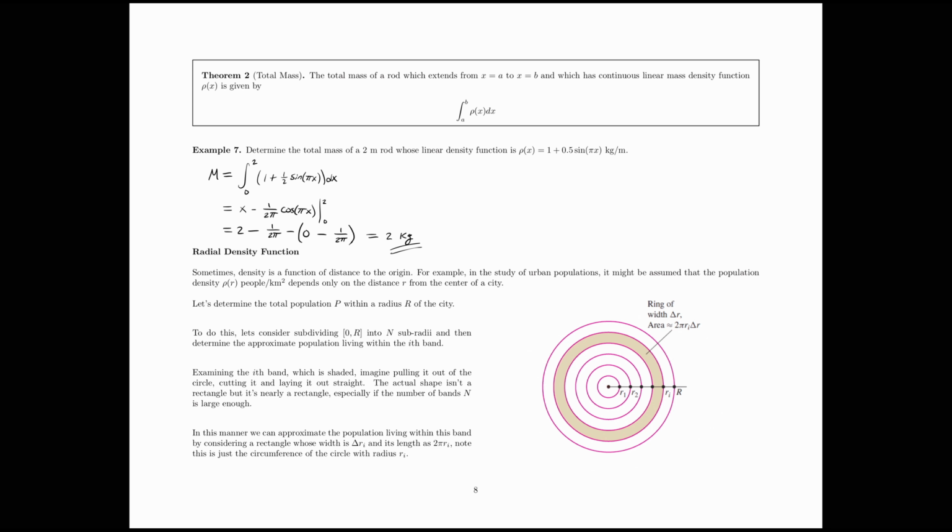So here, our object has this distance r, this measurement of r. If we wanted to figure out the total amount of this density, maybe it's a population density, so we want the total population, or maybe it is mass. And this would be a radial mass density, not a linear mass density. Okay.